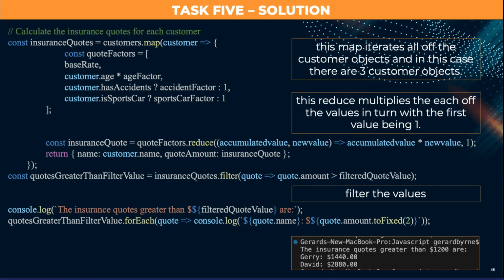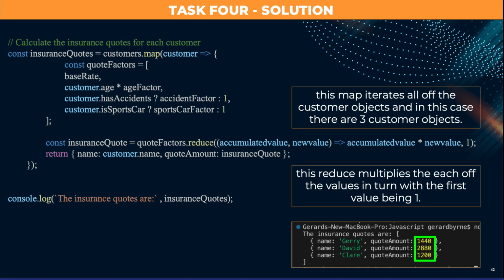If we looked at the previous values, we could see that Gary was 1440, David was 2880, and Claire was 1200. So therefore Claire wasn't included because it was not over 1200.